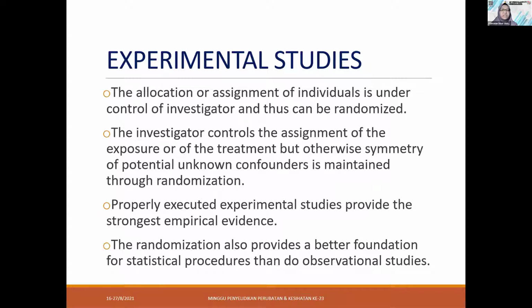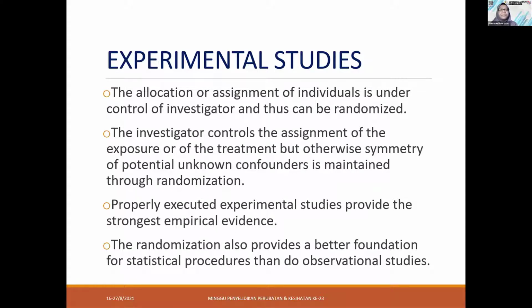With randomization, there are fewer confounders that we are not sure about, which is why it tries to be maintained. Properly executed, experimental or intervention studies provide the strongest empirical evidence, and randomization also provides a better foundation for statistical procedures than the observational study.